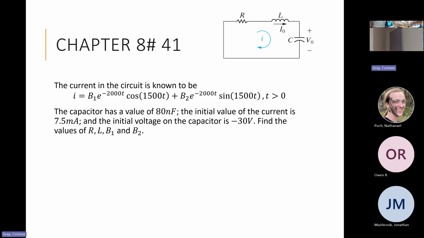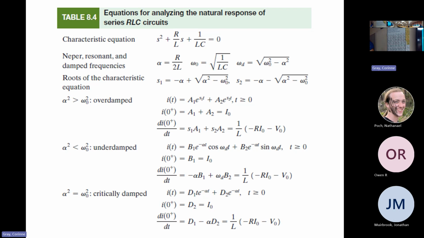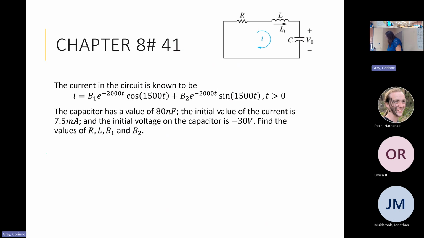With this one, it's a little bit weird because it gives us the equation. And so we want to establish what equation this looks like. We're going to look at our table and only one of the equations has cosine and sine in it, and that has to be what? Underdamped. Boom, we are underdamped. How would we check if this is the correct equation or not?